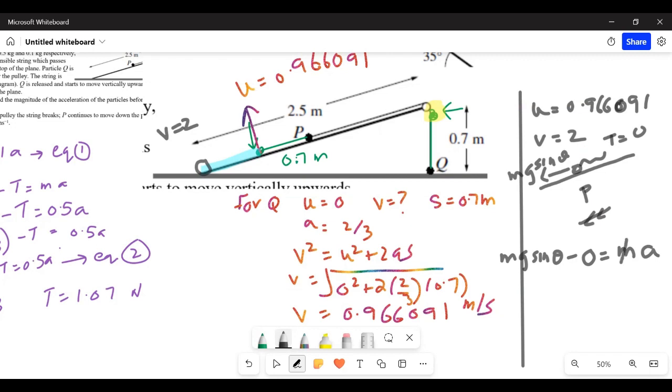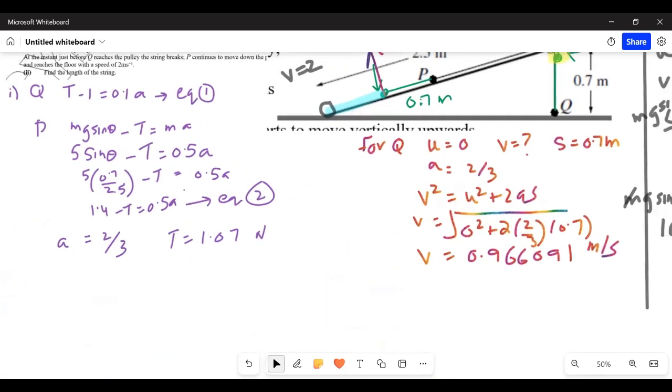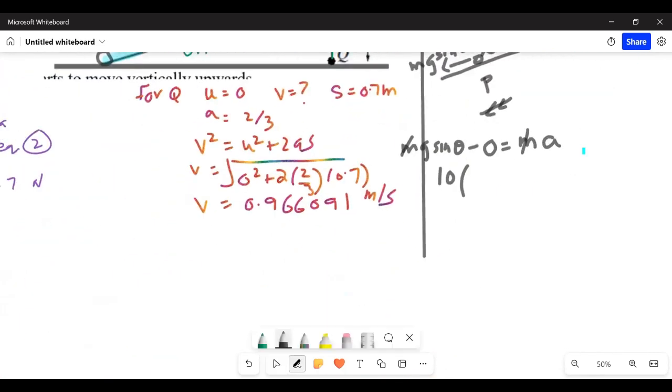So m and m can be cancelled. 10 into what was our sine theta? It was 0.7 over 2.5. This should give A, which comes out to be, it says 2.8.